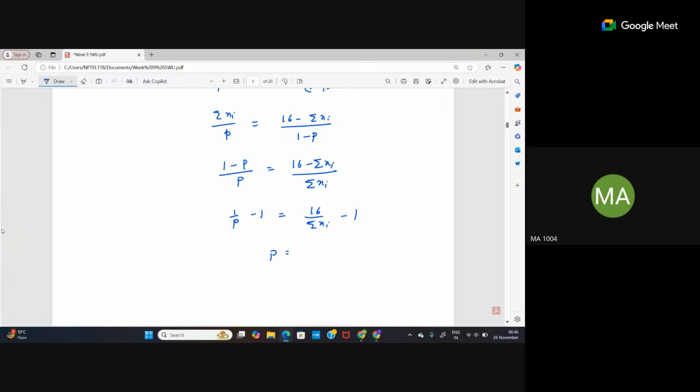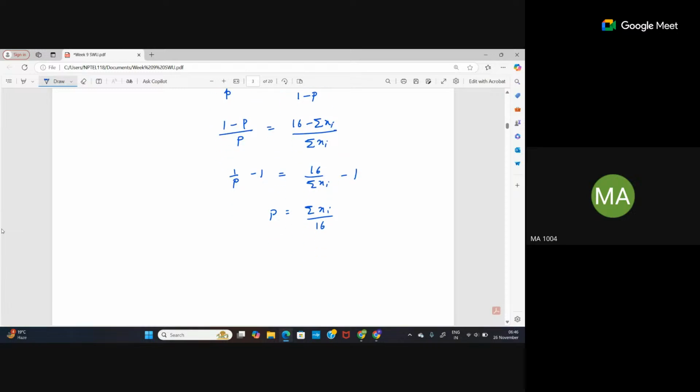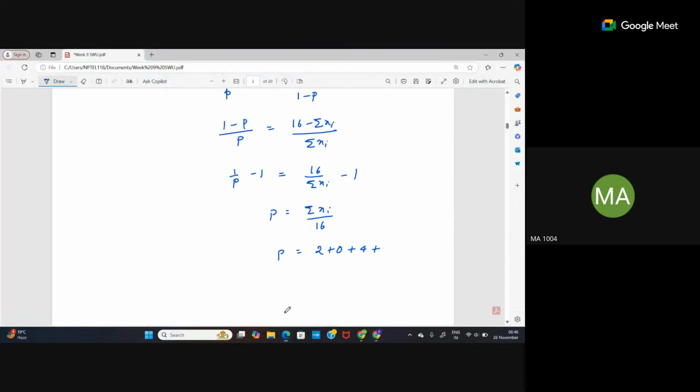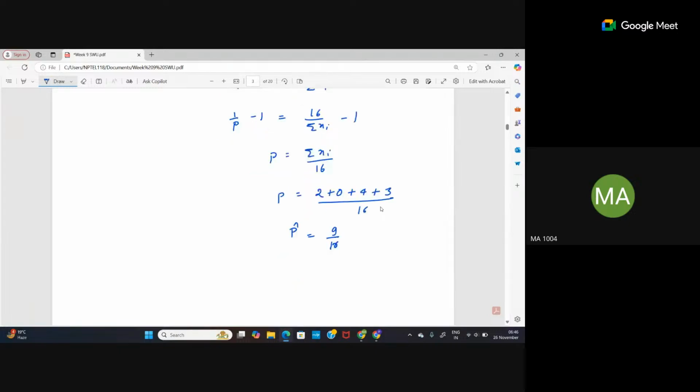So your p will be equal to summation of xi divided by 16. Now you have to put all the values of xi, which is 2, 0, 4, and 3, divided by 16. So the point estimator of p, which is p hat, will be 9 divided by 16.